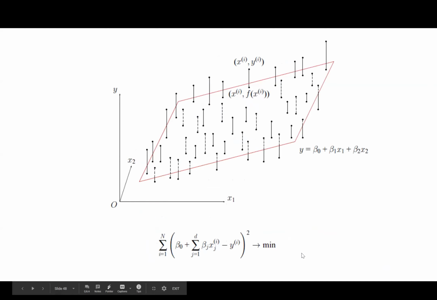But you can solve this problem also when you have 2 features or 3 features or more features, x1 and x2. You have a lot of points here, for example this point with coordinates x1, x2, and y.